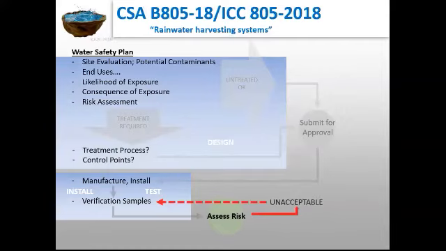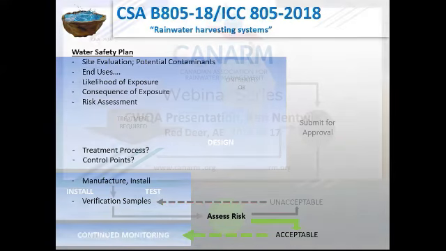Next phase, of course, is if it doesn't work, if there are problems, if it's not up to par, if something is not working, whether it could be a pump, a conveyance system, or something in the water quality, and I think this is more focused on the water quality. It goes back to more testing and more assessment until things are okay. So once they're okay and acceptable, it goes into operation. And that continued monitoring is the place where we see how the long-term effects of collecting the rainwater can be beneficial for us.